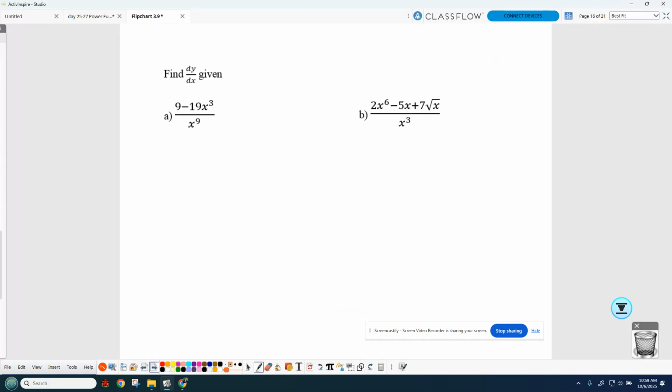Think before you derivatize. You're supposed to make that a -9.